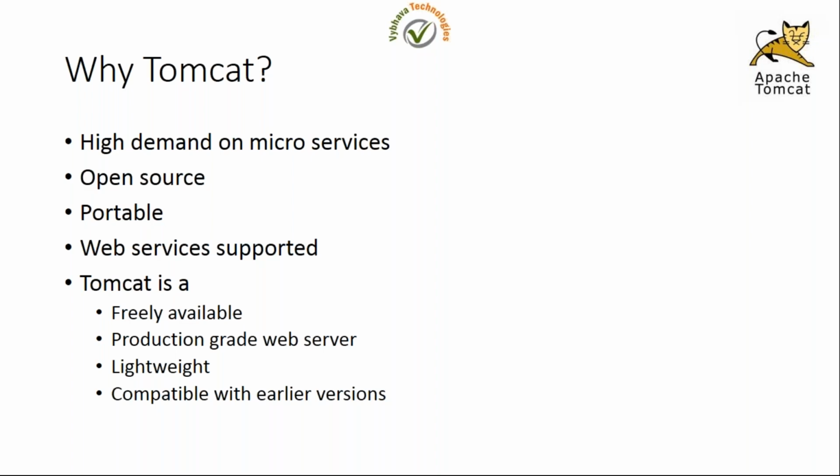Apache HTTP Server is capable of handling HTTP requests and responses. It serves the HTTP protocol. But Apache Tomcat runs as an HTTP server plus Java-based applications can be run on top of this one.